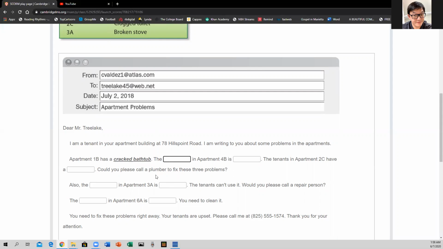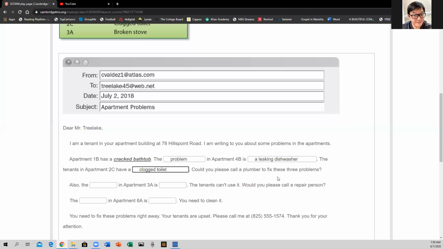The problem in apartment 4B is a leaking dishwasher. The tenants in apartment 2C have a clogged toilet. Could you please call a plumber to fix these 3 problems?